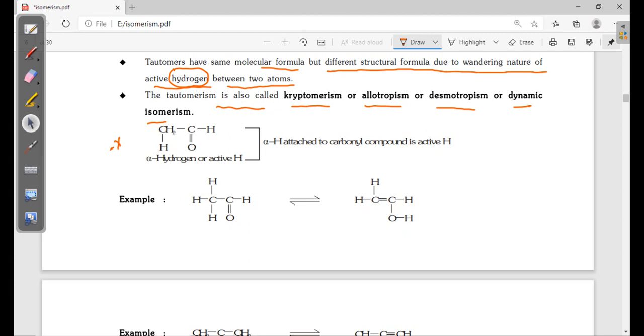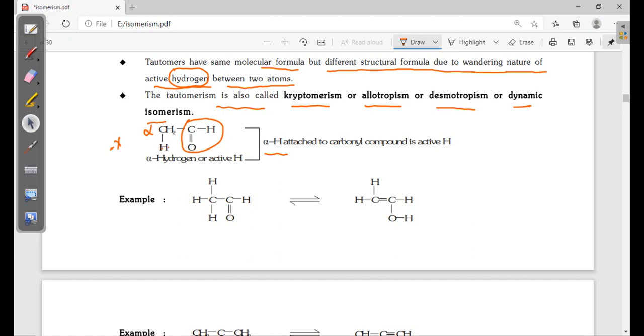Then what's happening here? First of all, you have to know this functional group. The carbon attached to it is called the alpha carbon. Whatever hydrogens are on this carbon are alpha hydrogens.